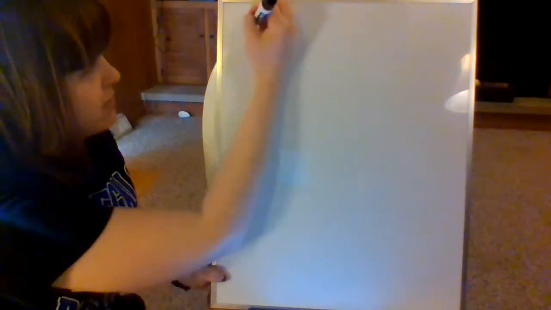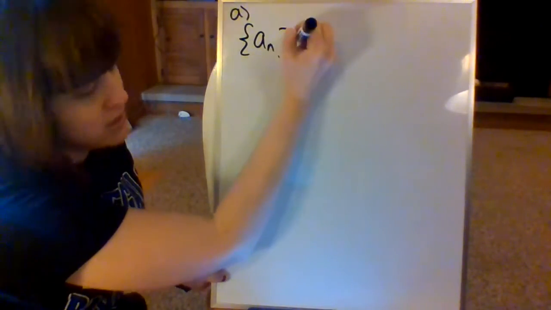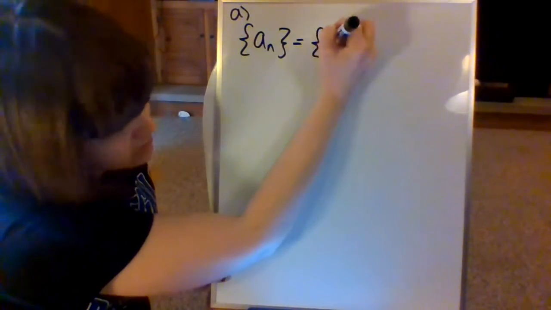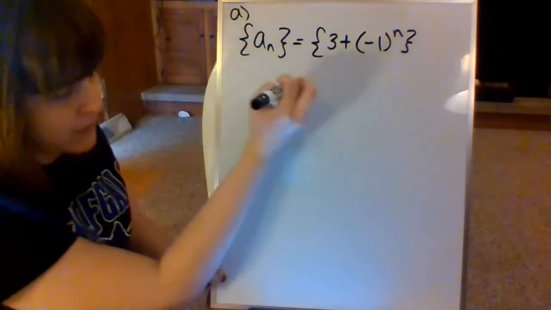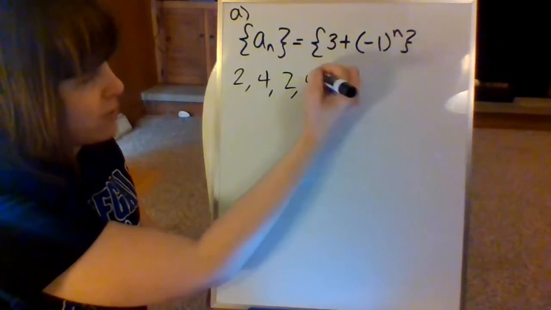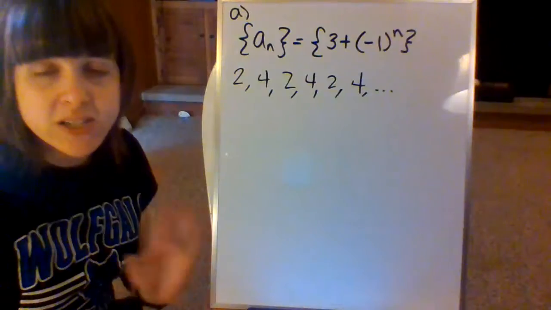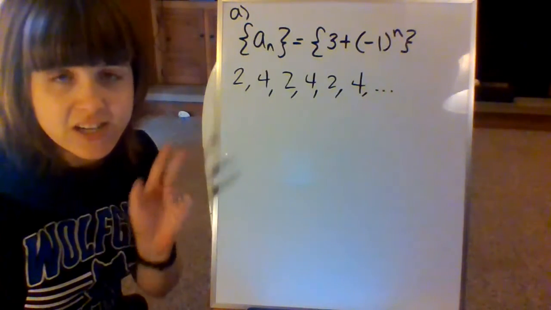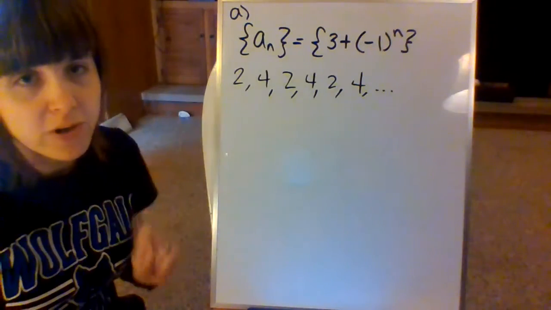Alright, so we have this first sequence, a sub n equals 3 plus -1 to the n power. It has the terms 2, 4, 2, 4, 2, 4, and so on. So this is an example of oscillating, because can you see how it switches from 2 to 4 over and over and over?